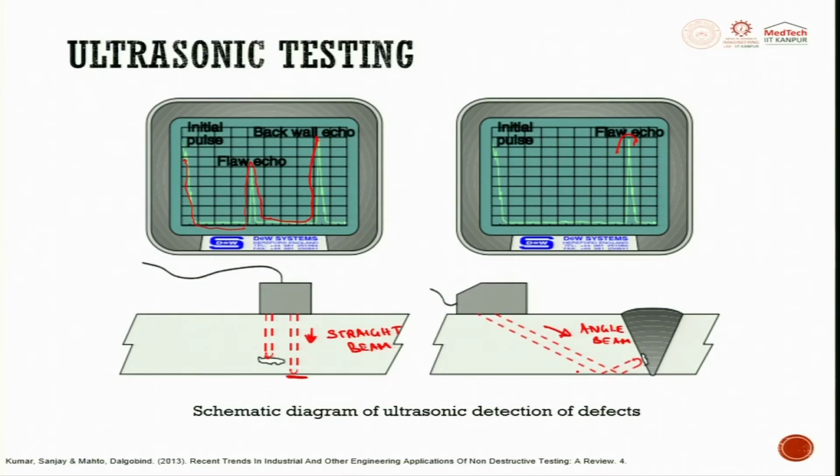The angle is calculated to make sure that the beam gets information from the whole surface under test. In angle beam inspection, the transducer and wedge combination is moved back and forth, so that the flaw or fault that is there is recorded, and the flaw echo is generated here. So there could be straight beam, there could be angle beam, and sometimes the part is also immersed in water.